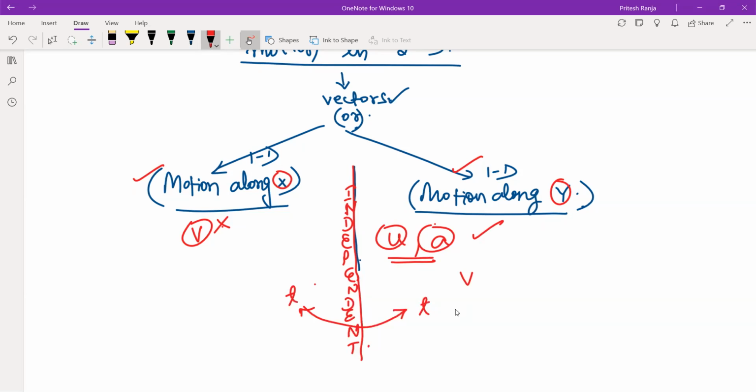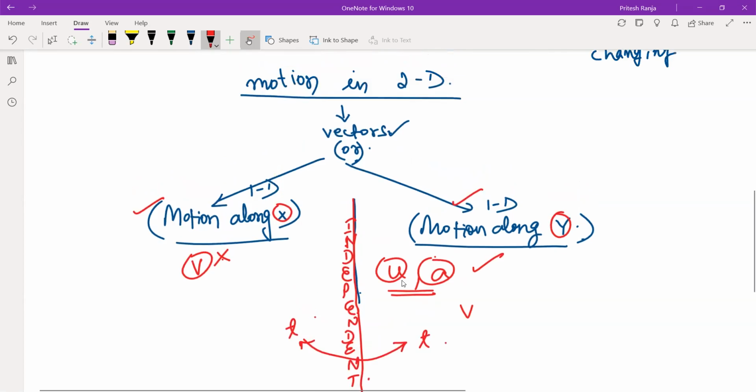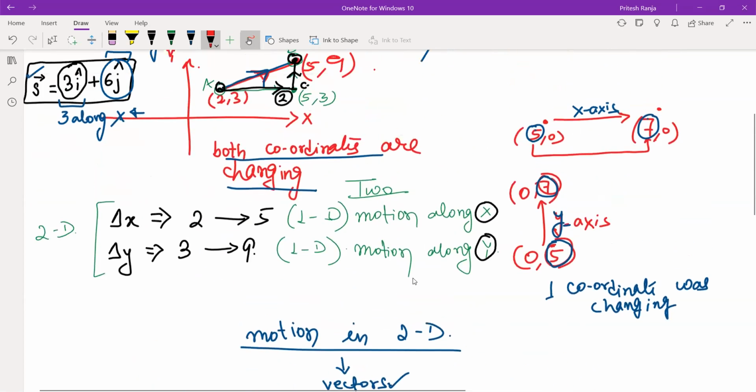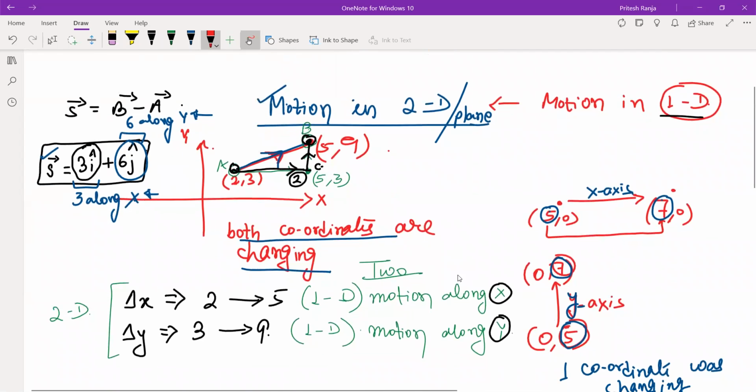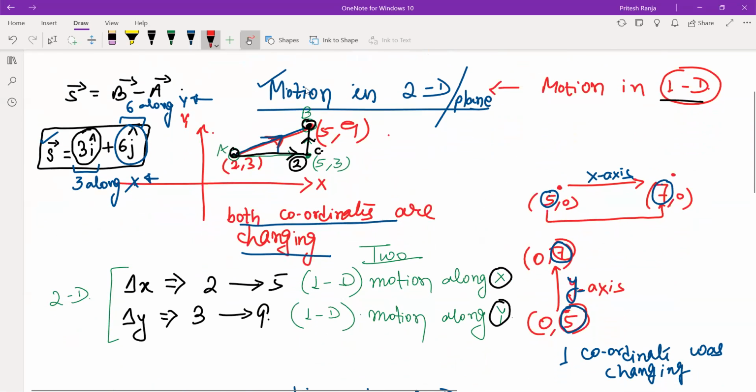Now this was just basic introduction. When we do problems related to 2D motion, then it will make more sense to understand them. So before that, whoever has not written this, quickly write them down.